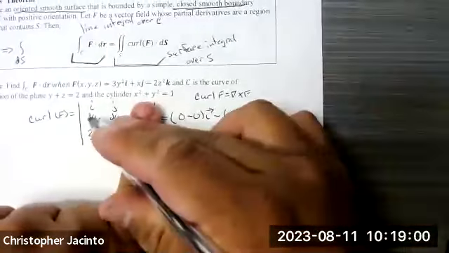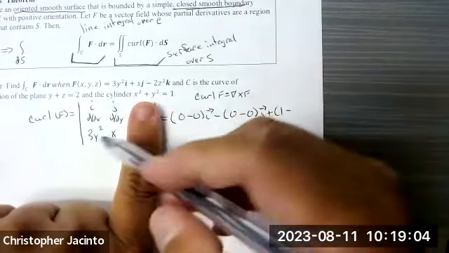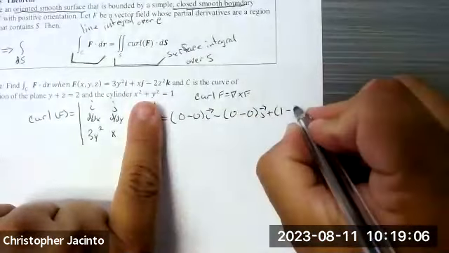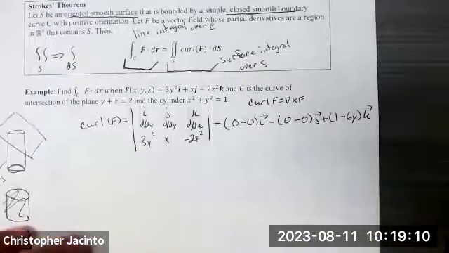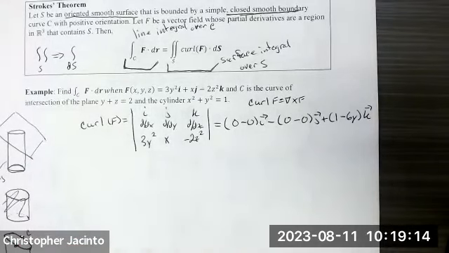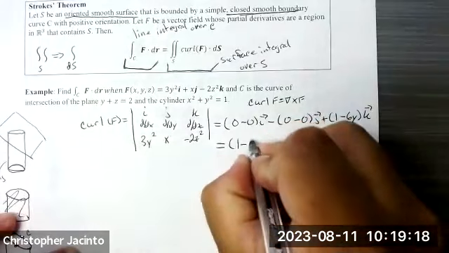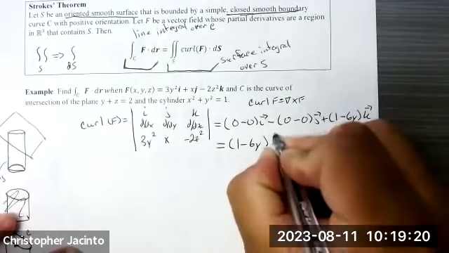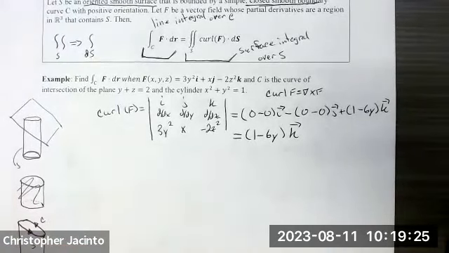The derivative with respect to x is going to be 1, minus the derivative with respect to y, which is 6y. So our curl is just 1 minus 6y in the k direction. Oh, so lovely when things cancel out.